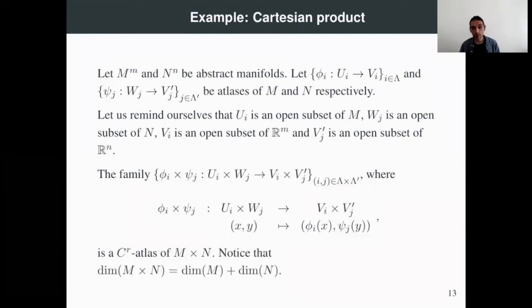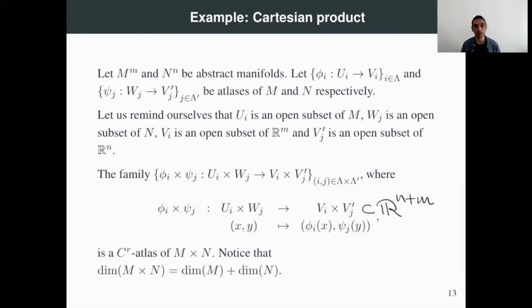Okay, what we can notice is that V sub i was an open subset of R to the power m, and V sub j prime was an open subset of R to the power n. So this thing over here is going to be an open subset of R to the power m plus n.